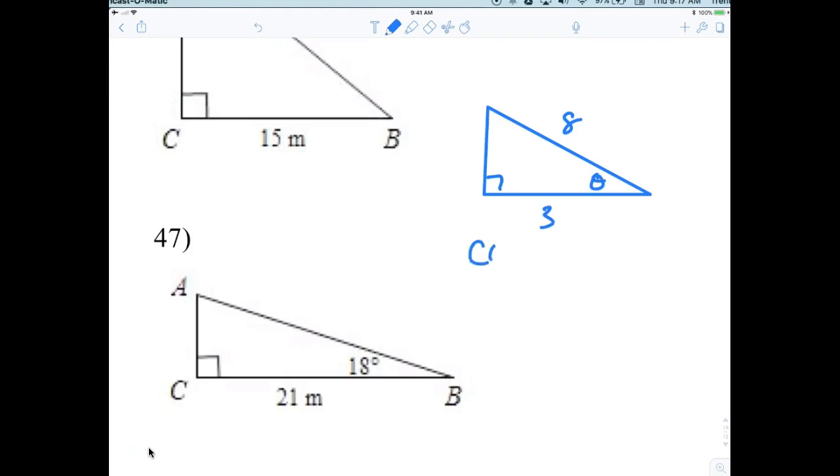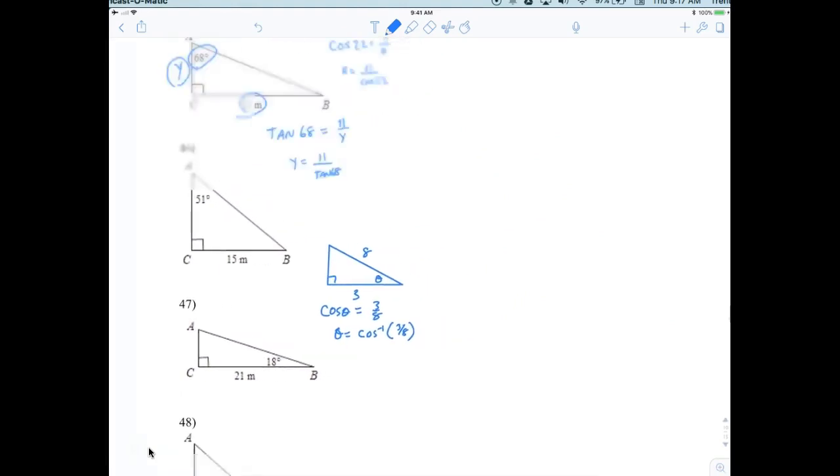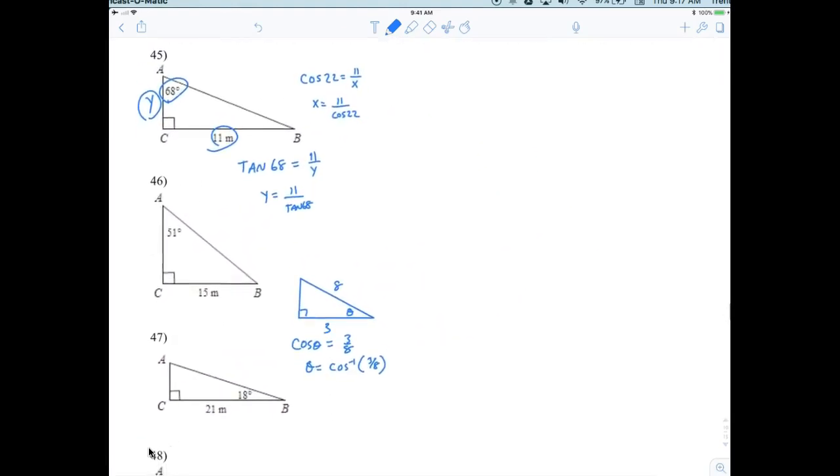You would say the cosine of theta is equal to 3 over 8. So I'm looking for an angle, so I know I'm going to do the inverse cosine.